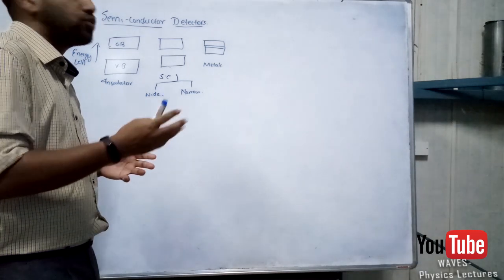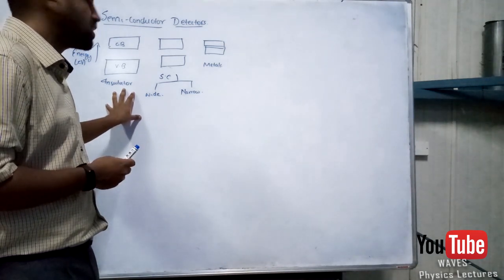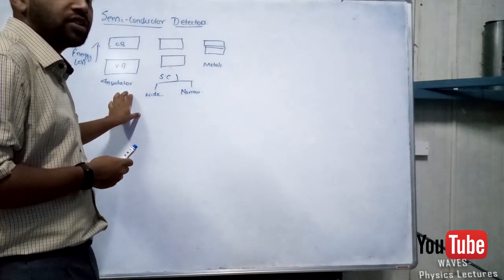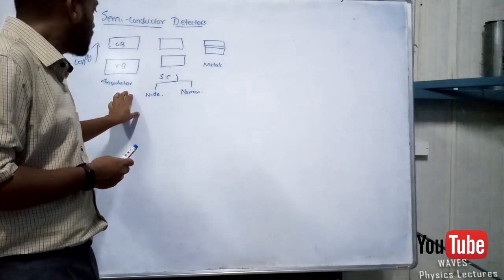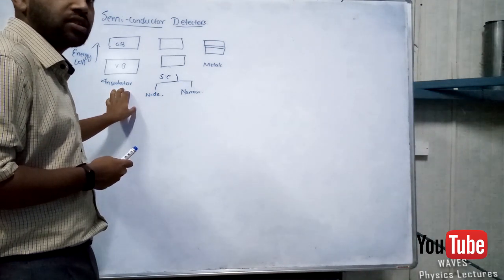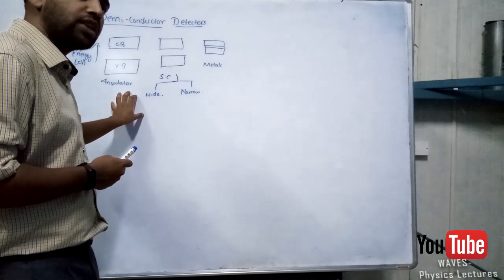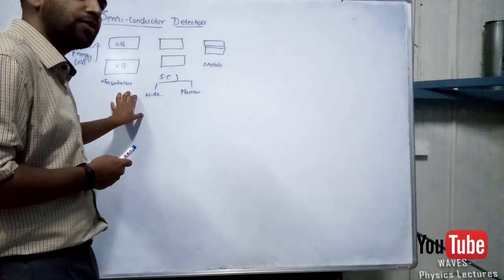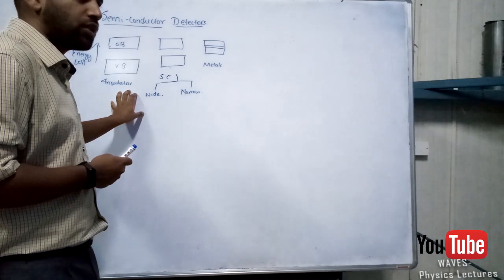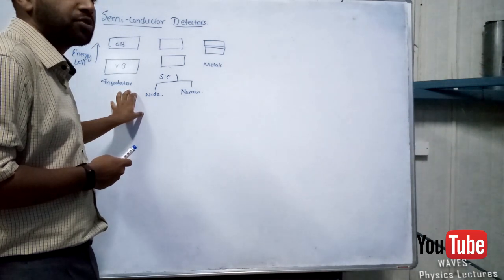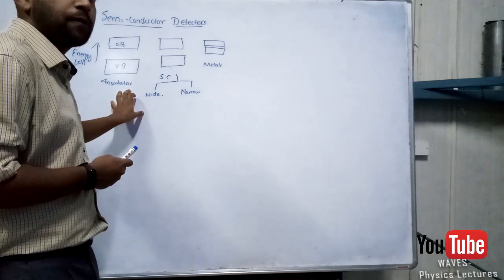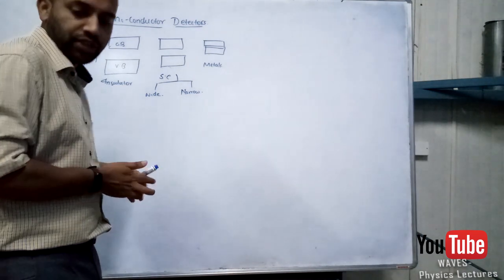Before we go to that, let's understand what exactly we mean by electron hole pair. My question to you is, an insulator doesn't conduct, right? In a technical way, what is the best explanation? Why does an insulator not conduct? In terms of charge carriers, does an insulator have charge carriers?